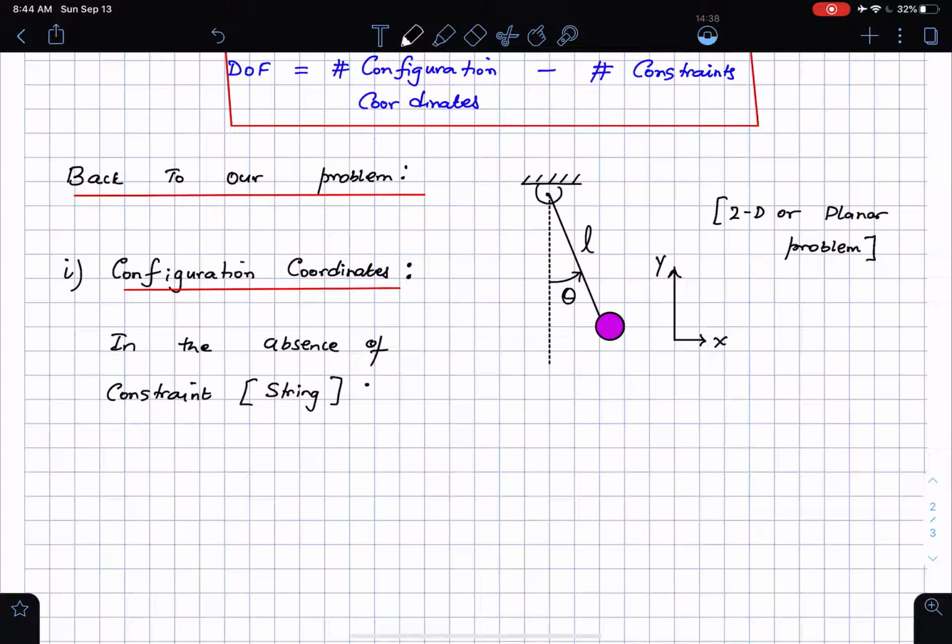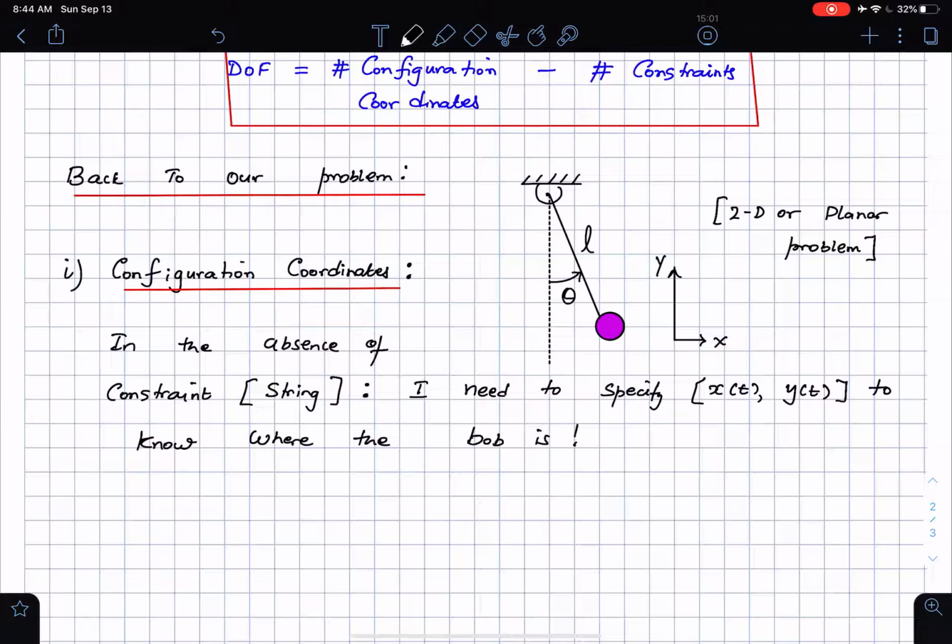So in the absence of any constraints, I need to specify x of t, y of t, to know where the particle is, to know where the bob is. And you agree with me, right?